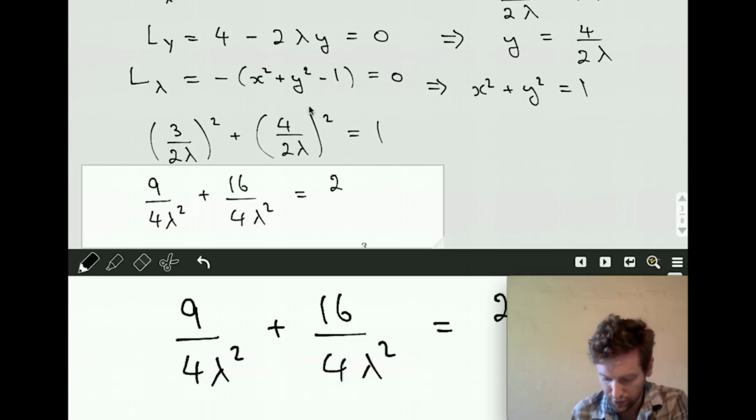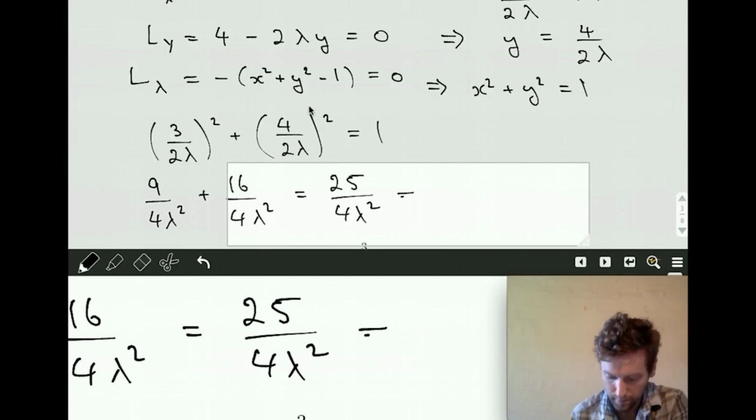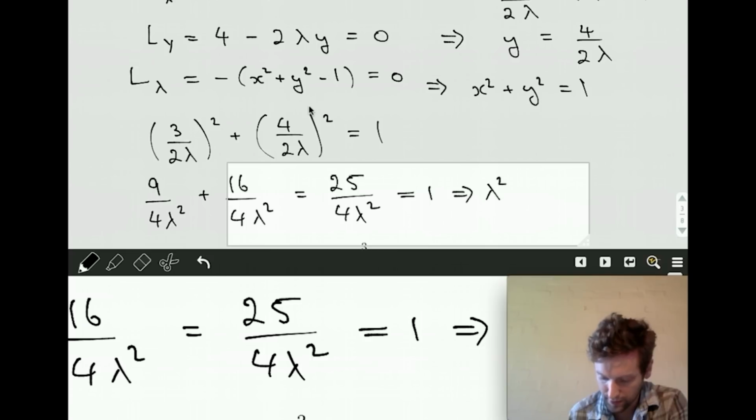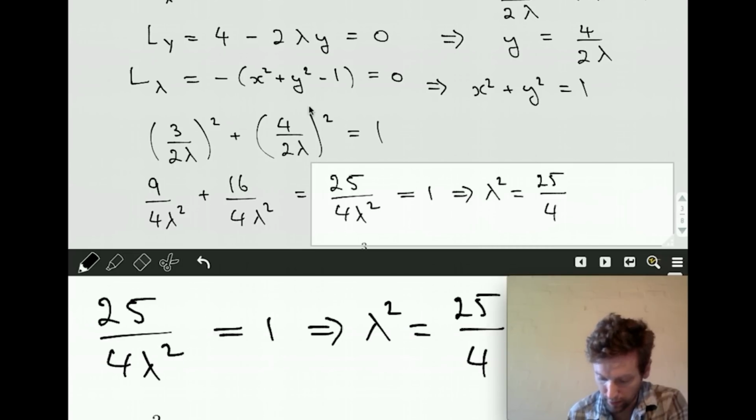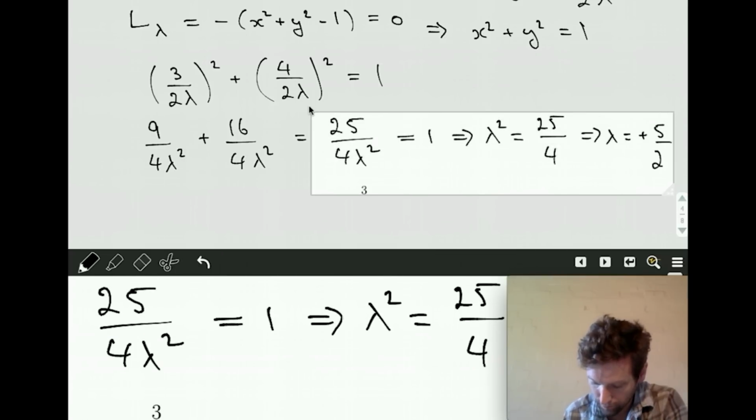Adding those together is 25 over 4 lambda squared, and that equals 1. So that implies that lambda squared is equal to 25 over 4, which in turn implies that lambda is equal to plus or minus 5 over 2.